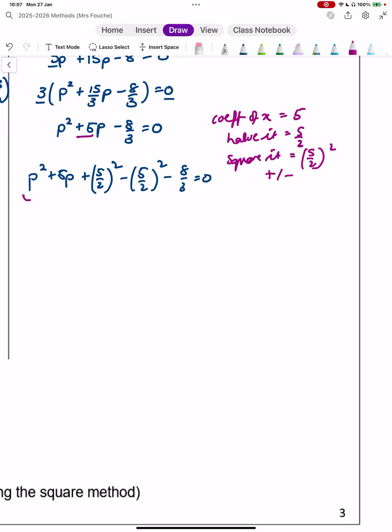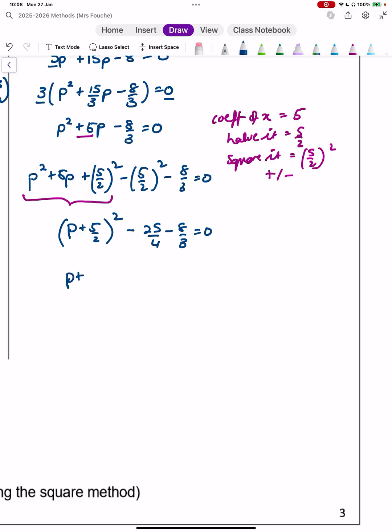And as previous, our first 3 terms form a perfect square. That becomes p plus 5 on 2 all squared. And we've got minus 25 on 4 minus 8 on 3 equals 0. Now we need to simplify those two fractions. And our lowest common denominator, 4 and 3, is 12.